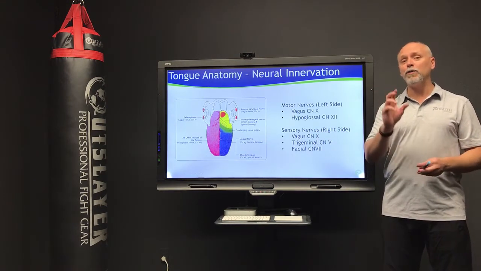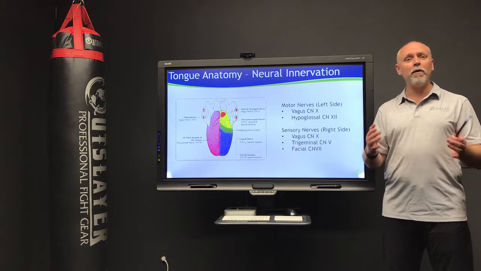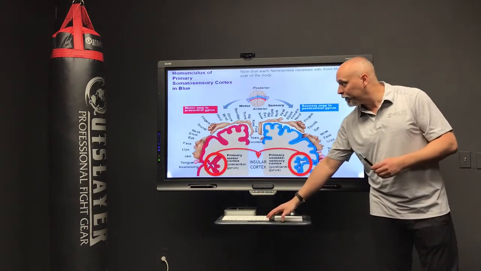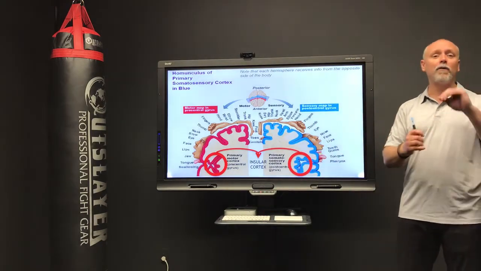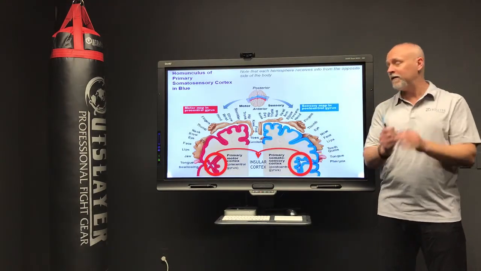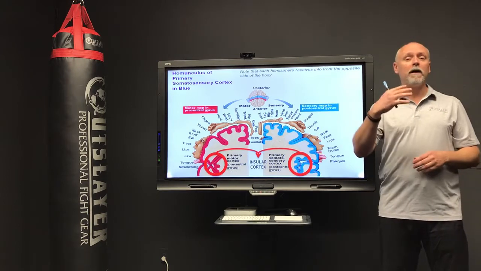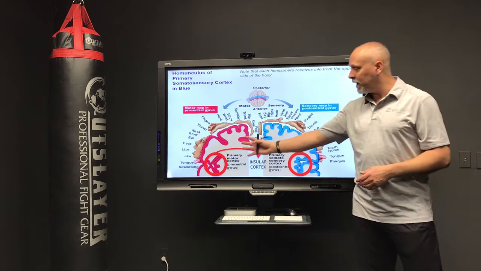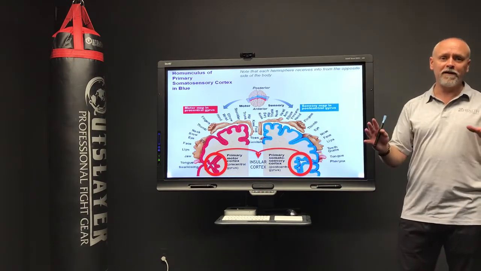So that can be a huge deal for us. And so we were always looking for different tools, different ways to create stimulus around the tongue. So as we move forward, a little bit more about the tongue and just kind of what it does centrally within the brain itself. Tongue sensation is incredibly important, as is tongue movement. This is a picture of the somatosensory cortex.